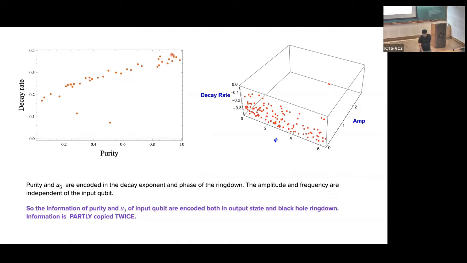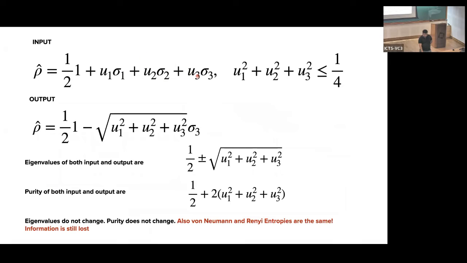But of course, what we are sure of is that this decay rate is encoded in the purity, and the phi will capture the original U3 component. So basically you can know the original energy of the qubit from the ring down.